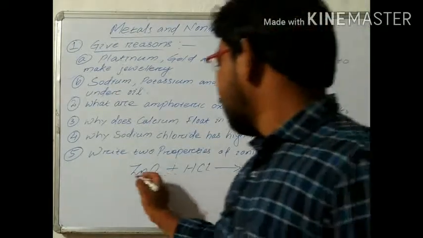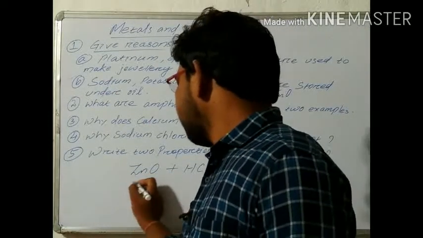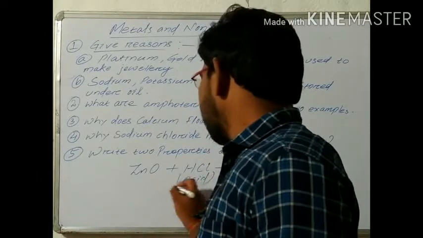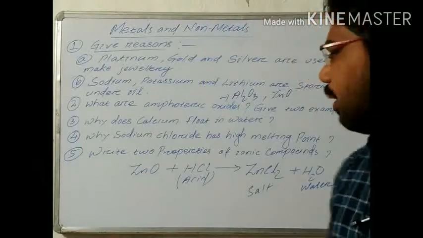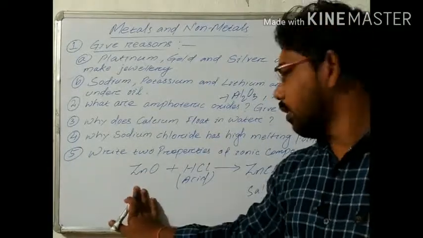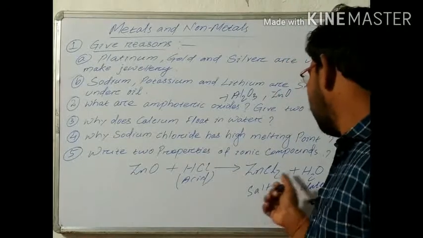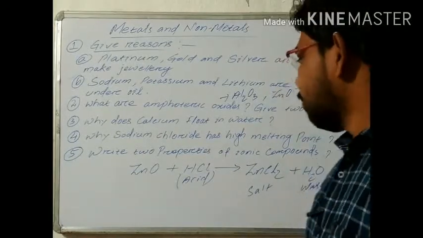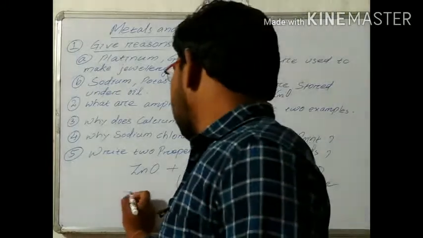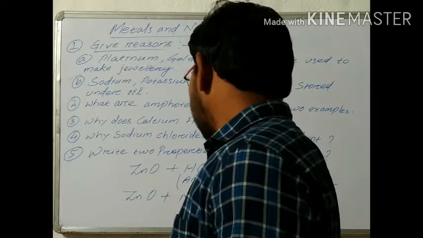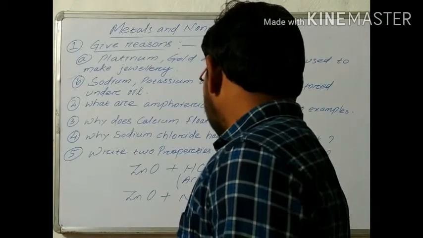Here zinc oxide is an amphoteric oxide, and this one is an acid. Zinc oxide is a metallic oxide, and these metallic oxides behave as amphoteric oxides. Here zinc chloride and water are formed. Similarly, zinc oxide also reacts with a base like NaOH, sodium hydroxide.